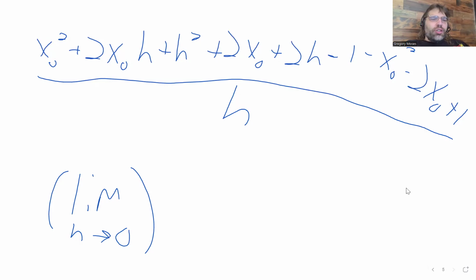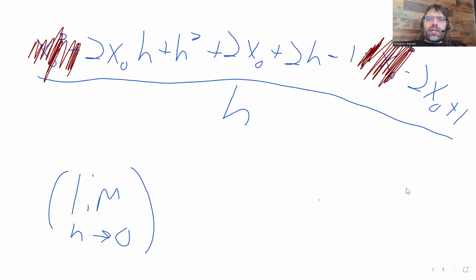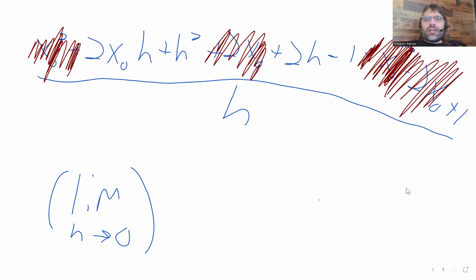Now, if we look up in the numerator, some stuff cancels. We've got a positive x sub 0 squared and a negative x sub 0 squared. Those go away. We've got 2 times x sub 0 and minus 2 times x sub 0.